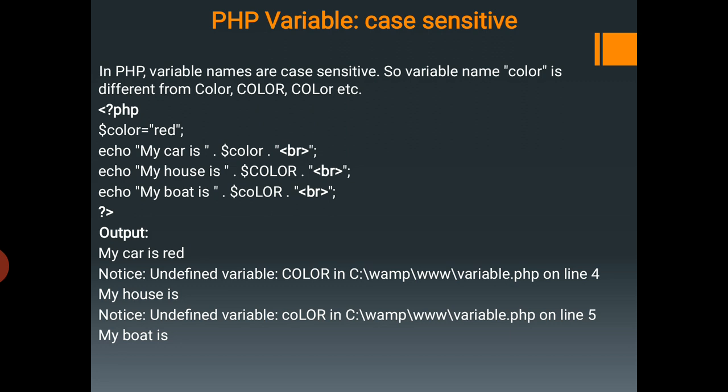On the next line, echo "My house is " using the concatenation operator with $color. The output displayed is: My car is red, and the second line gives a notice about an undefined variable.